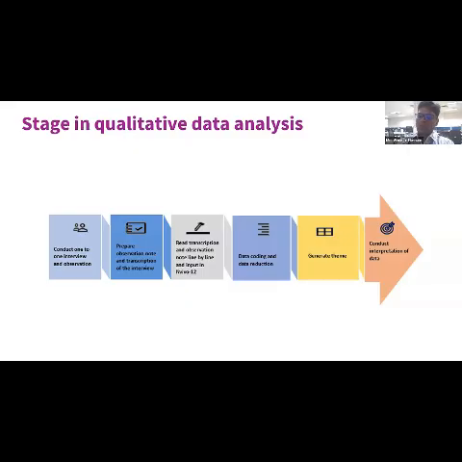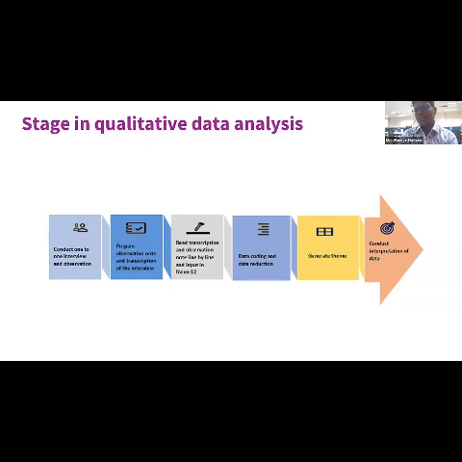Then we can take notes or record the data. After that, we can prepare an observation note and a transcription of the interview, and read the transcription and observation. After completing the transcription, we can start the data analysis.